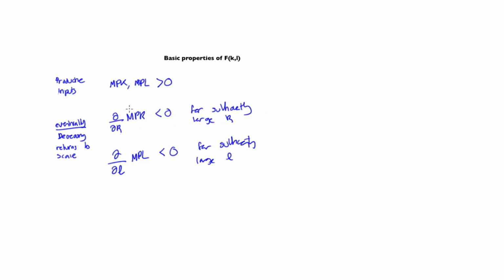Let's look at some examples to really get an insight into what the assumptions mean, especially this second assumption. So I'm going to draw for you over here 4 different production technologies, and to be able to draw this easily, I'm going to assume that labor is fixed at L bar. So I'm basically only going to plot how the function is changing with K. The first one looks like this. As a function of K, this is the level of output, it's just a linear function like this. The second one is going to look like this.